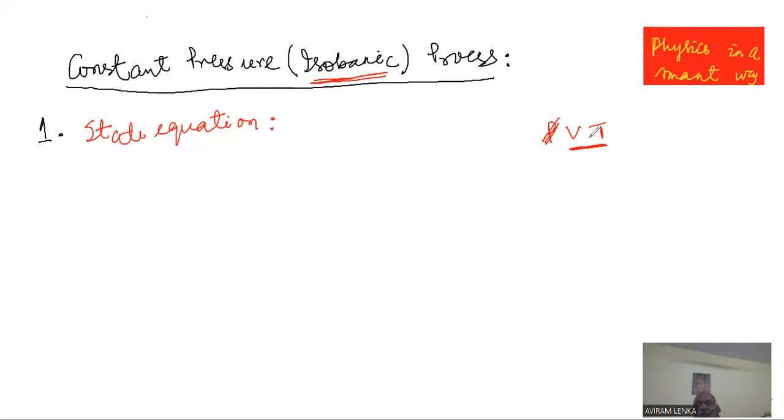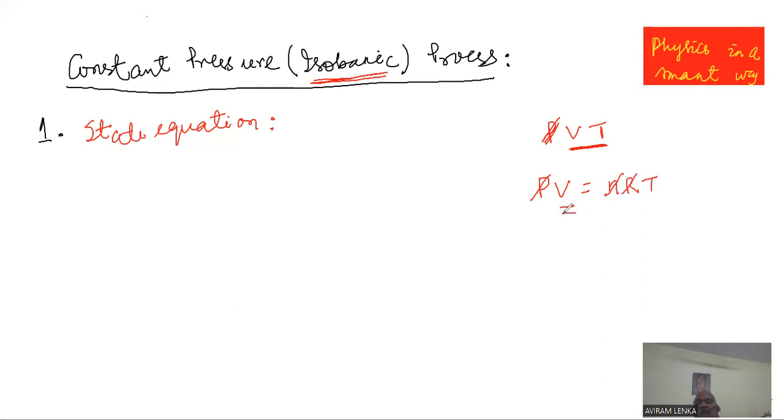And if nothing comes to our mind, in chemistry we have learnt many rules like Charles' law, Boyle's law, Avogadro's law, Gay-Lussac's law. If those do not come to our mind, we can take the help of our old friend, the universal gas equation, PV equal to nRT. But here pressure is constant, so pressure goes out. Number of moles, once you fix the gas, is a constant. R is also a constant.